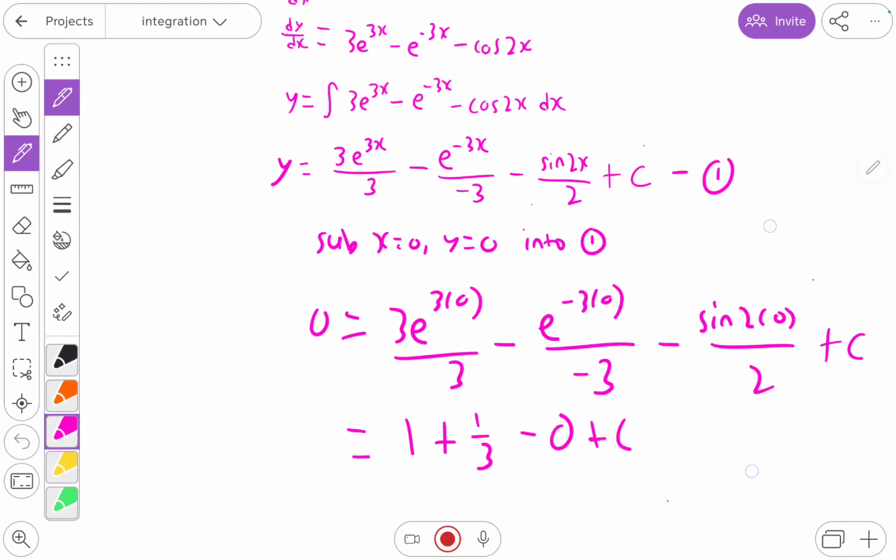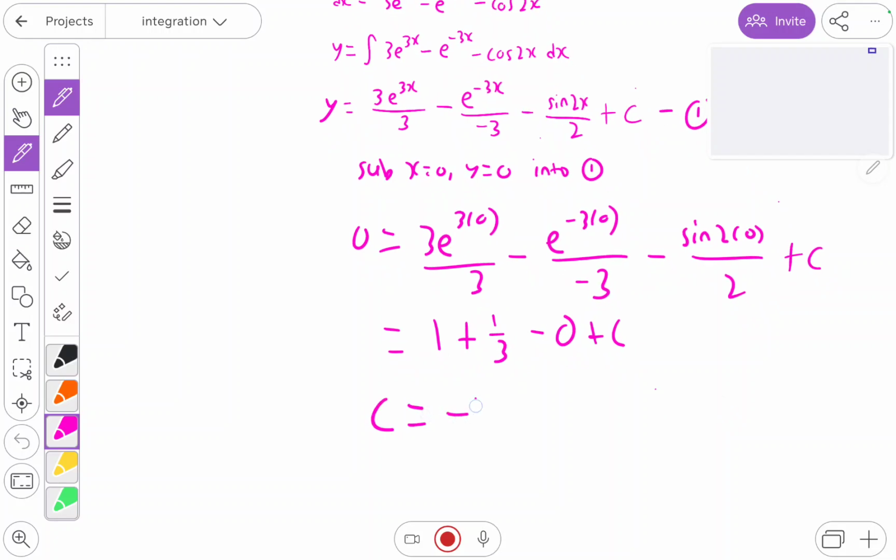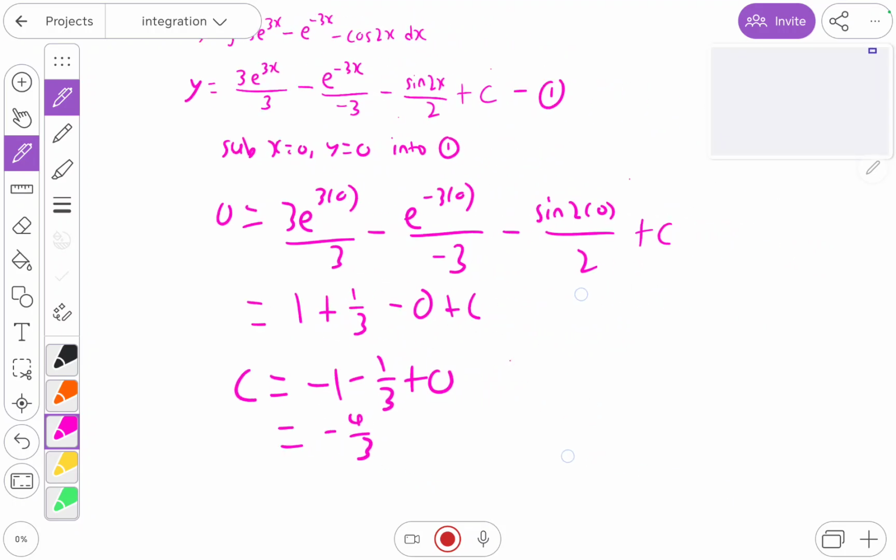So we know that c will be minus 1 minus 1/3 plus 0. Actually the plus 0 no need to write, but just write, which is minus 1 minus 1/3, which is minus 4 over 3.